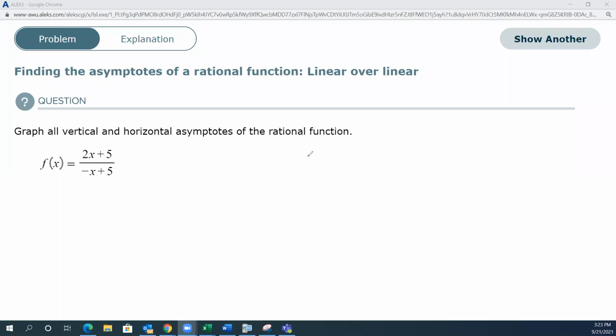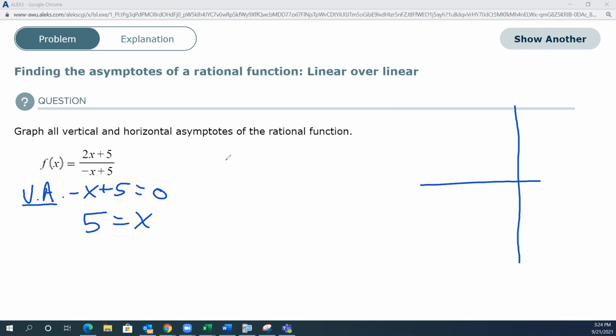Okay, so, find the vertical and horizontal asymptotes of the rational function. Oh, I didn't do the last one with the calculator. Remind me to do this one. The vertical asymptote occurs when the denominator is 0, and so when x is 5. And so we're supposed to graph it.